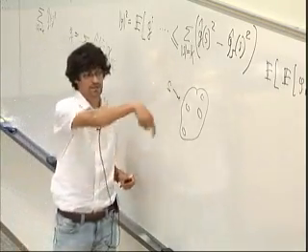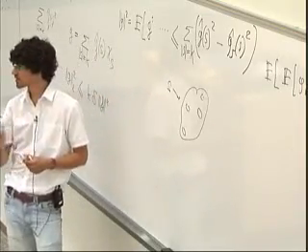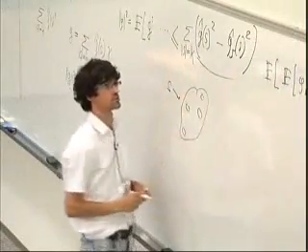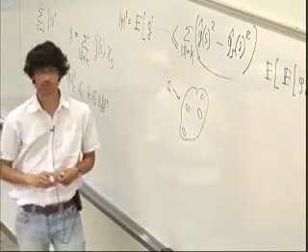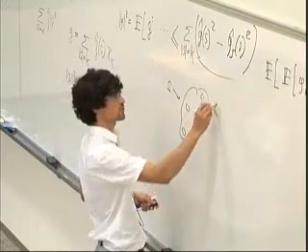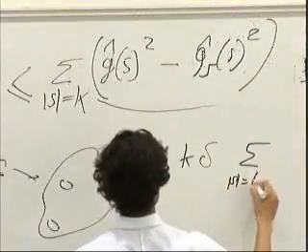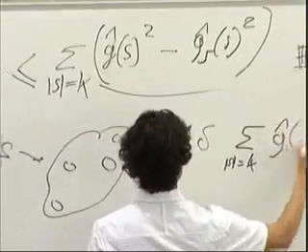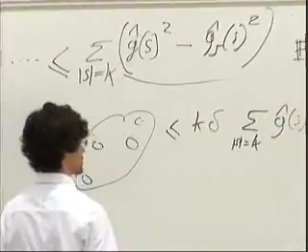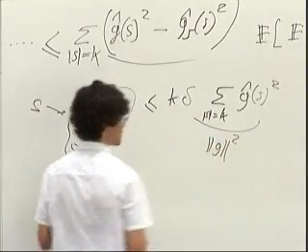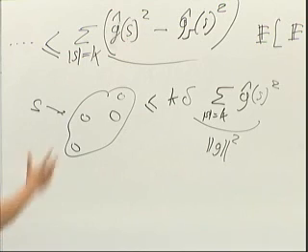So the probability that the whole thing is visited will be less than k times delta. So this is non-zero only with probability k times delta. So this is going to be less than k times delta, sum over s equals k, like this. And this is g squared. And well, if you plug in the Cauchy-Schwarz estimate that I had before, this gives you the theorem.